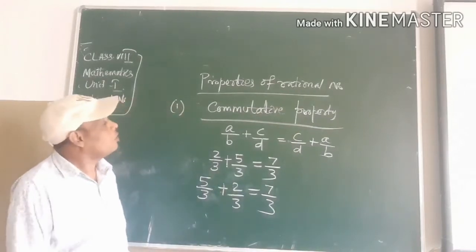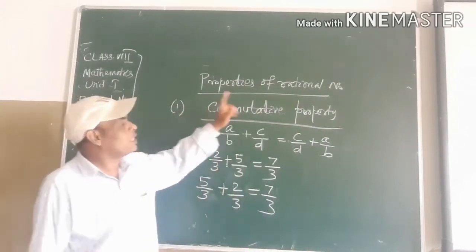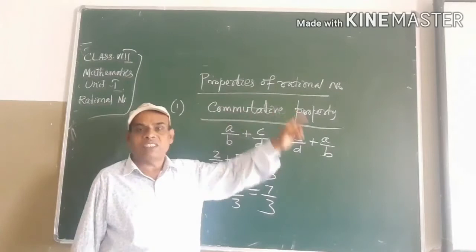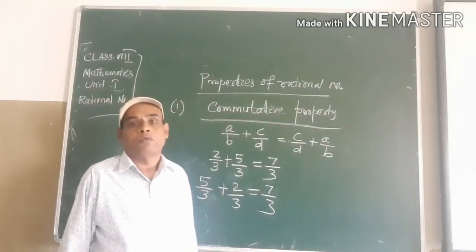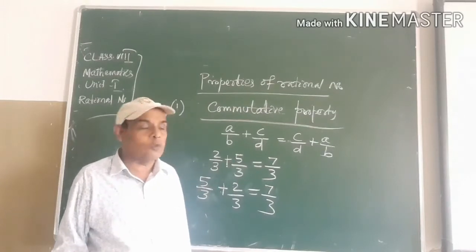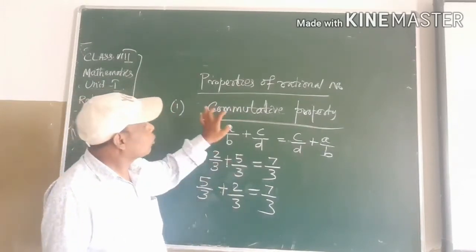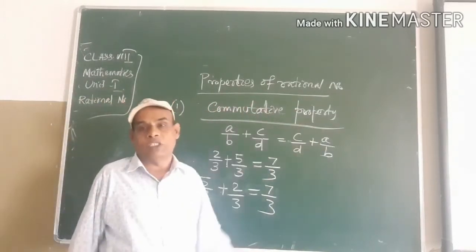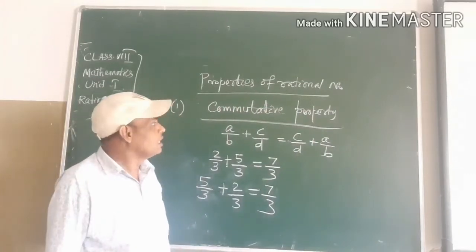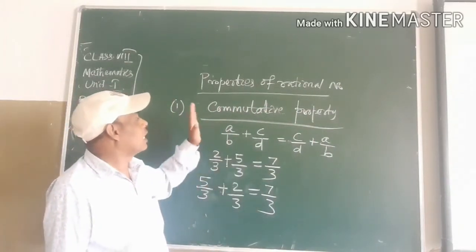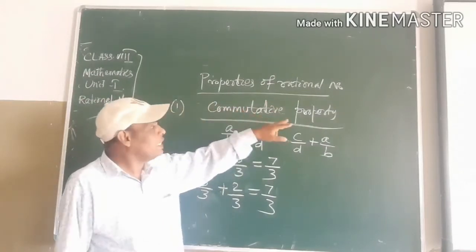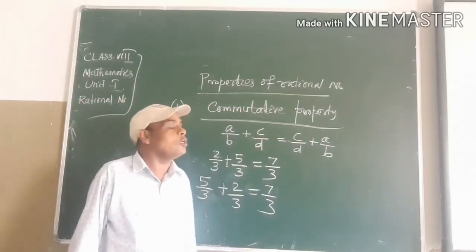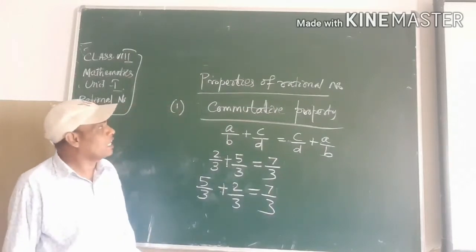So this law is called commutative property. So you can say now, whenever you are doing addition of two rational numbers, they obey commutative property. In case of addition, commutative property is generally followed for two rational numbers.